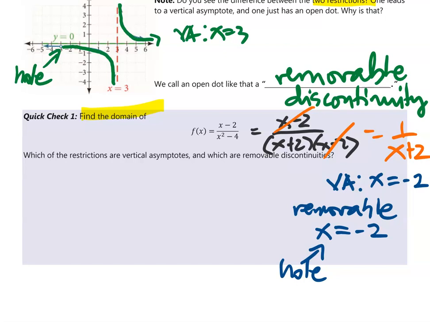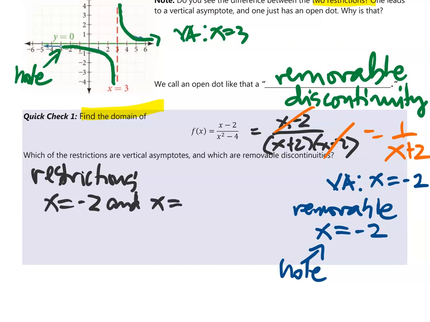So how do we write our domain? So if you want to write the restrictions, that's going to be those two. The vertical asymptote, x is equal to negative 2, and a removable discontinuity, x is equal to positive 2.